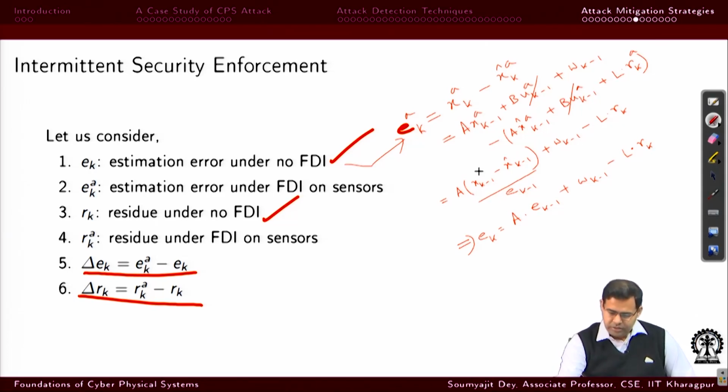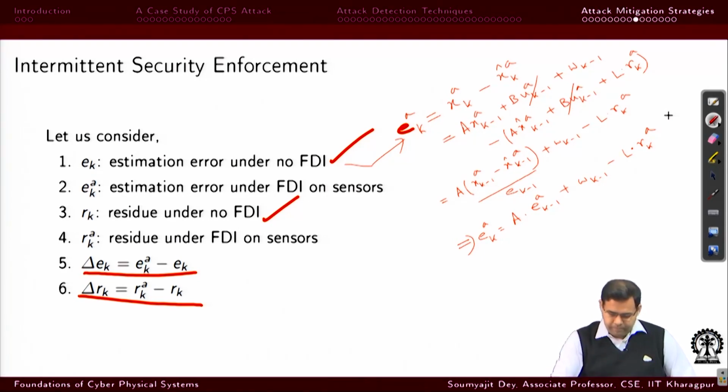So, what you will get is similar stuff: the error under attack will be related to the error under attack in the previous iteration, the noise, which is kind of the same, and the residue under the attack.